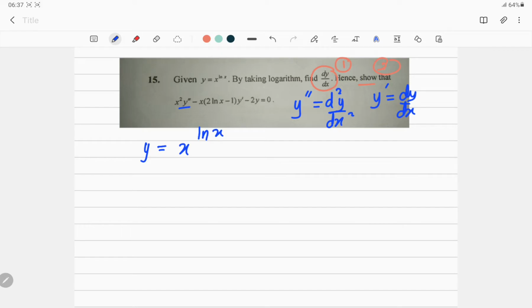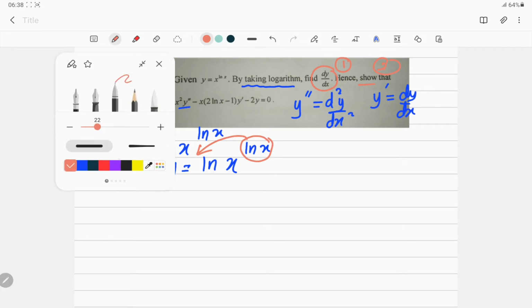So in order to solve the differentiation of y equal to x to the power of ln x, we have to take logarithm. So I'm putting ln on both sides: ln y equal to ln of x to the power of ln x. As we know, we can bring the power in front by referring to the law of logarithm, the power rule.